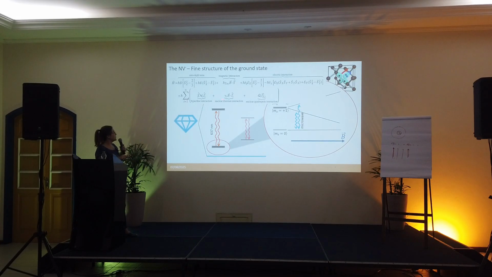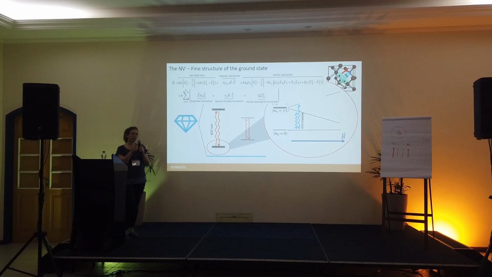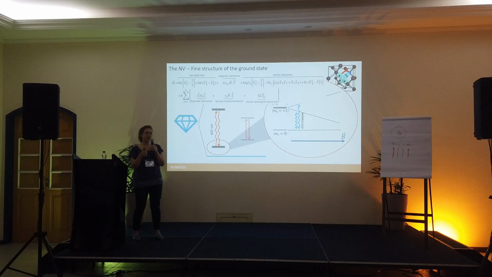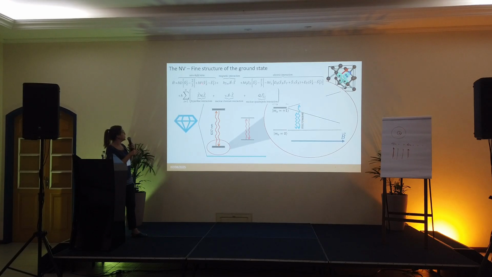The Hamiltonian that describes this ground state looks a little bit like hell. You have these multiple terms over here. This term describes the dipole-dipole interaction between the spins that are trapped within this electronic wave function. So that's modified if you modify the crystalline lattice. If you change the temperature of your crystal, or if you apply some pressure to your diamond, you can modify this Hamiltonian term.